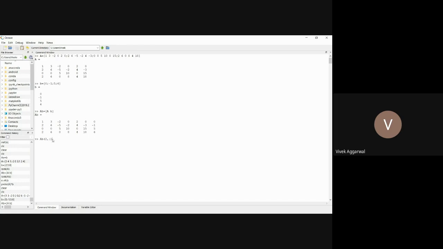So second row with all the columns. So it gives me the second row. Or if I write AB and suppose I write colon here, and I write 3 here, it means we are talking about the third column, and this is the third column.